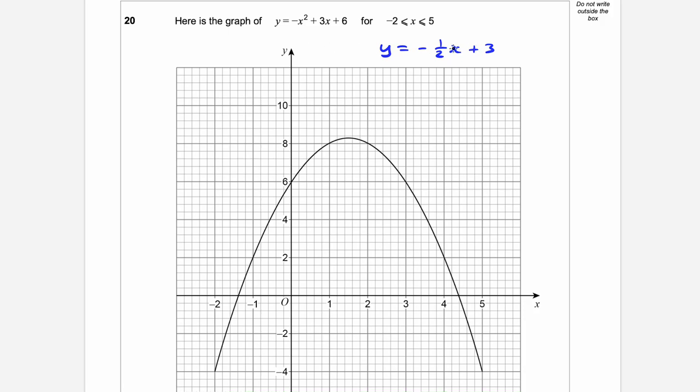Okay, my preferred way to draw a line, guys, is just to get 2 points. So I'm going to get x and y like this. And then I'll go, well, when x is 0, y is 3. And then just pick another one, ideally one that'll work out nicely. Why not go with 4? When x is 4, y is 4 over 2 is 2, so it's minus 2 plus 3, so it's 1.